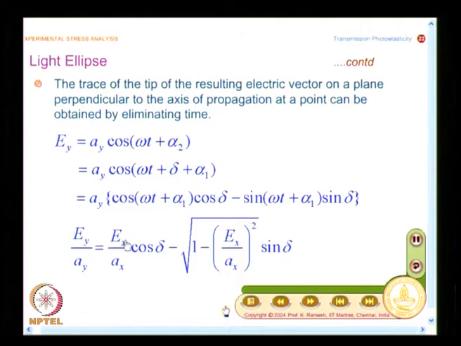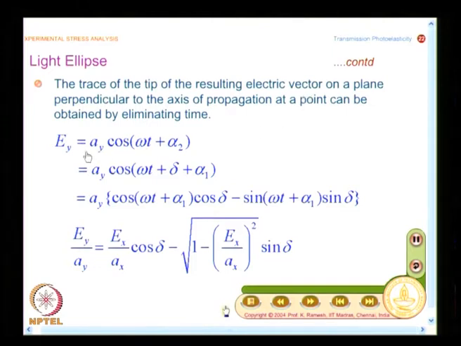So, I have this as E x by A x cos delta minus square root of 1 minus E x by A x whole square into sin delta. And I could segregate the terms and finally write the expression that would give you the trace of the tip of the resulting electric vector.